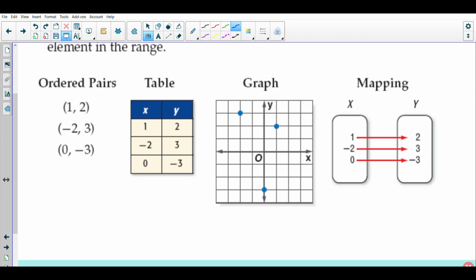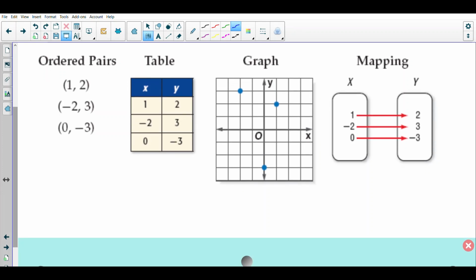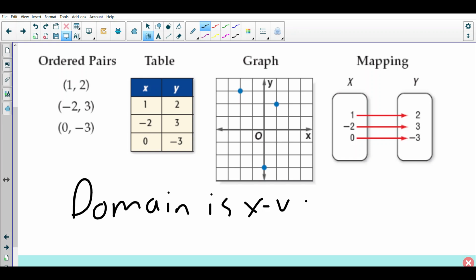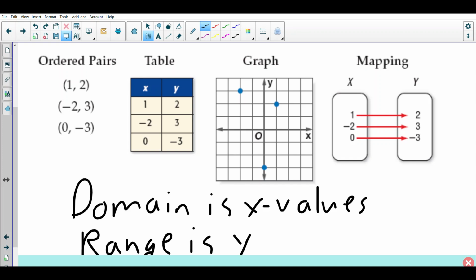Now what's nice is that the domain is always your x values. Now typically it's x, but sometimes they use different letters like s and t, but your first variable, in our case x, is always the domain, and the range is the y values.